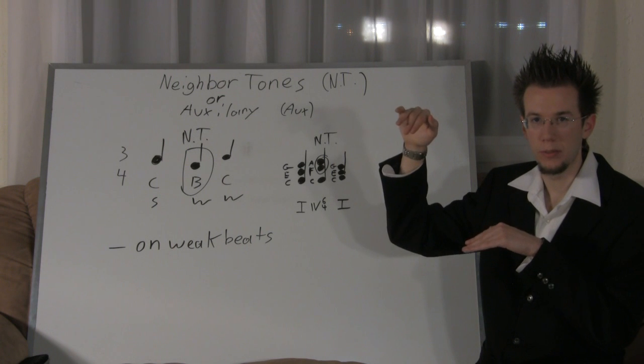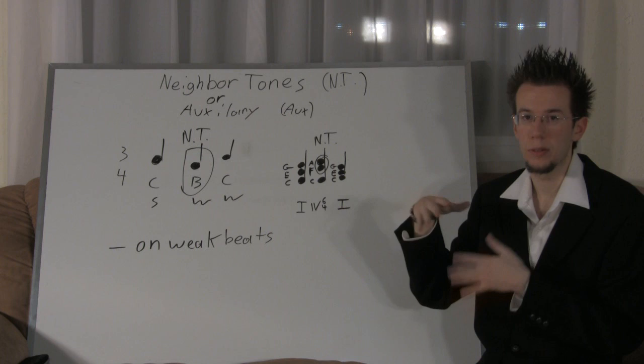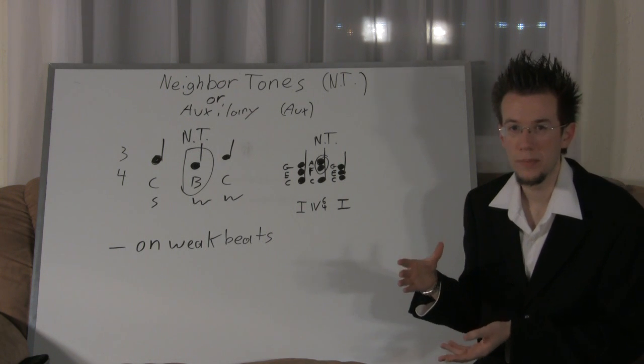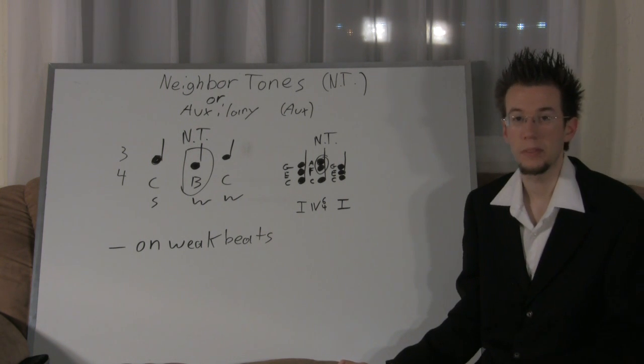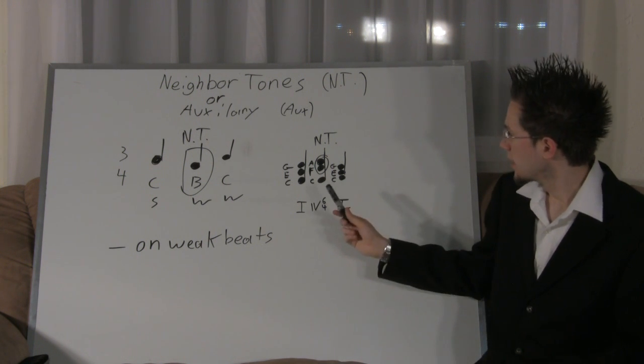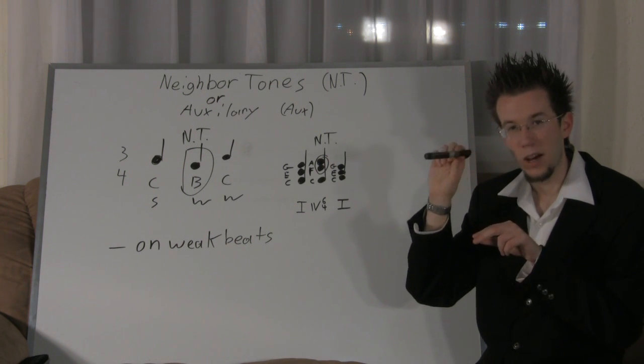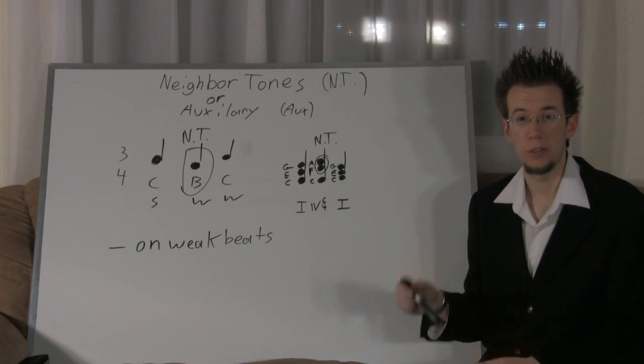Now, you can also have double, or multiple of these. Sometimes you can have them in two different voices going up and down. And by the way, with the appoggiaturas, you could have two or however many you really want to put in them. It's really up to your creativity. But usually something common is they'll have one of each in the top and bottom voice, and then have them move in contrary motion.